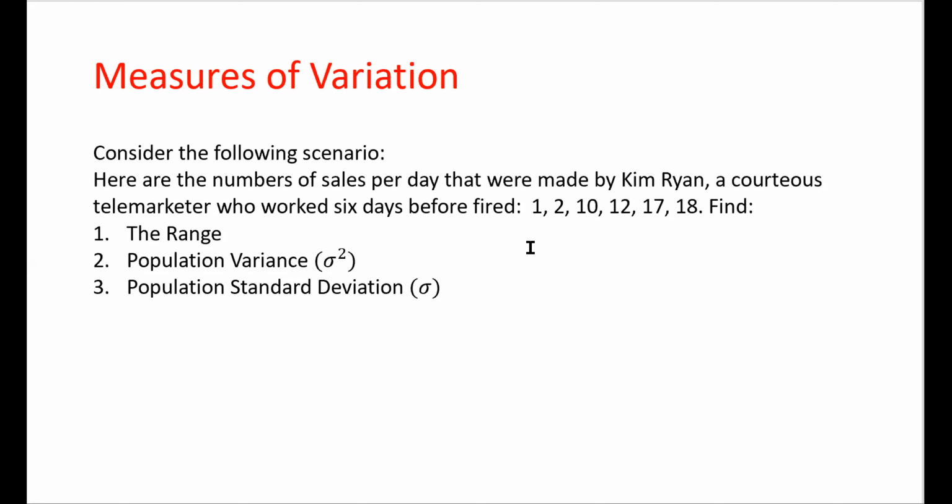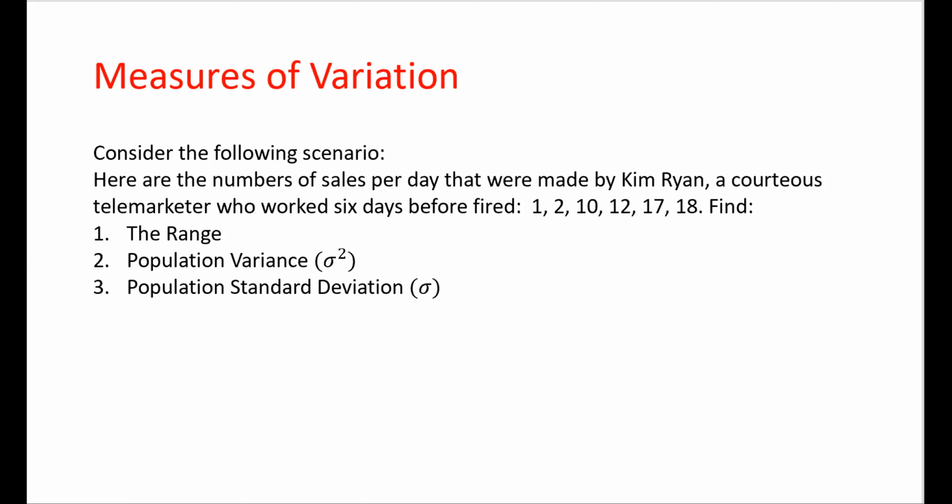The sales that he made were 1 on the first day, 2 on the second day, 10 on the third, 12, 17, and 18. So this is a population because he was fired after that. That's all of the sales that he made in their entirety, right? So this is a population. And we're going to use this data set to find the range, the population variance, and the population standard deviation.